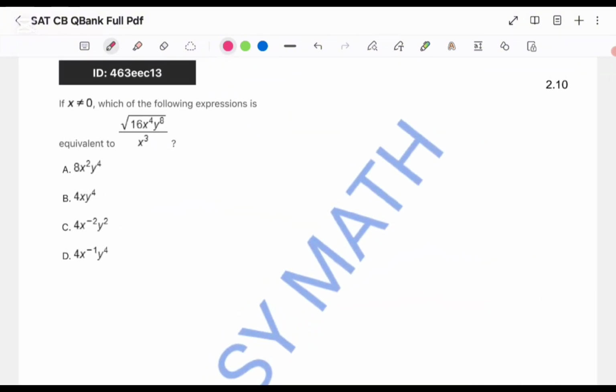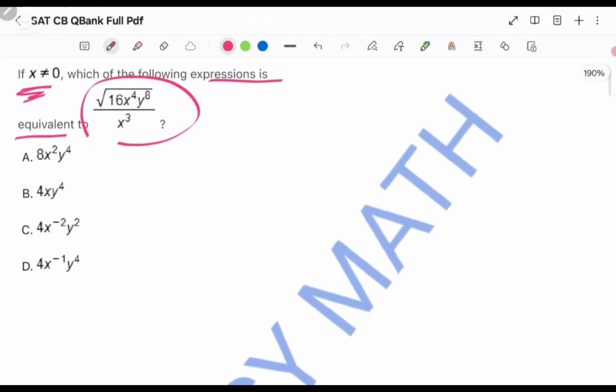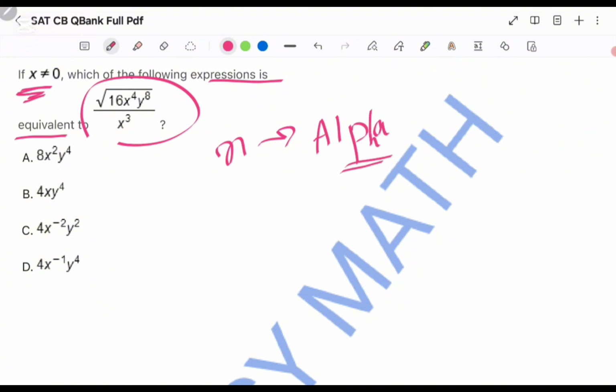It's asking if x is not equal to 0, which of the following expressions is equivalent to this? Now in here, to be honest, I would just go for using my calculator directly. I would put the bracket and then type this in here. You type the x by pressing alpha, which is the button at the bottom next to the shift, and then the closing bracket.